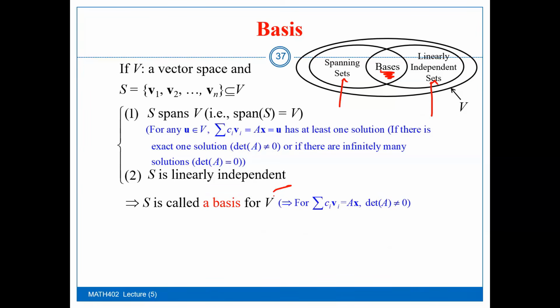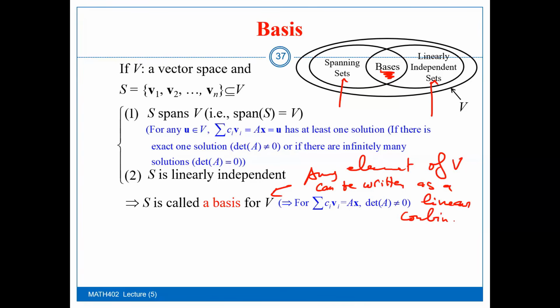And any element of V can be written as a linear combination of the vectors of this set. And not only that, but in a unique way.